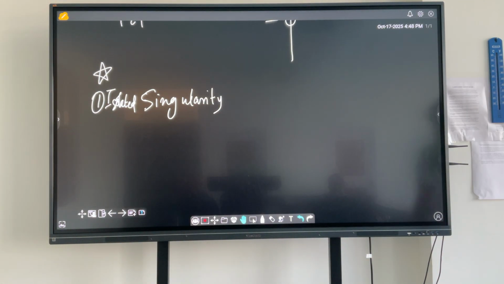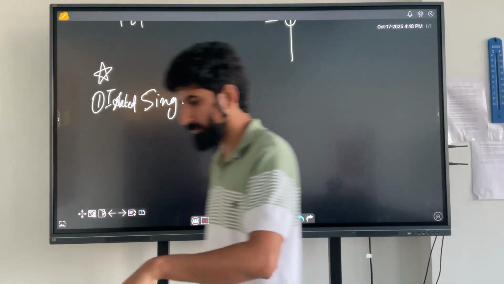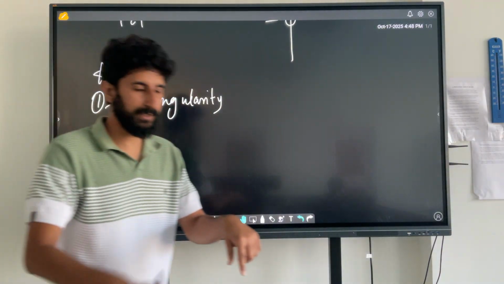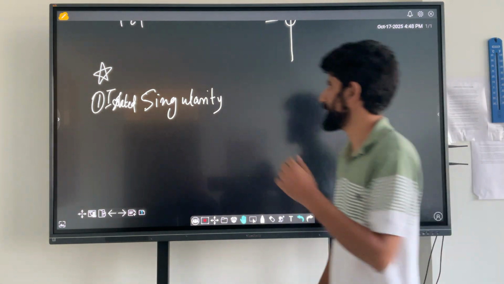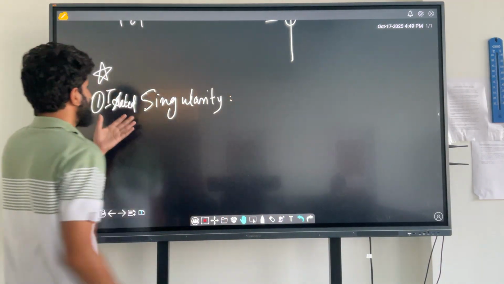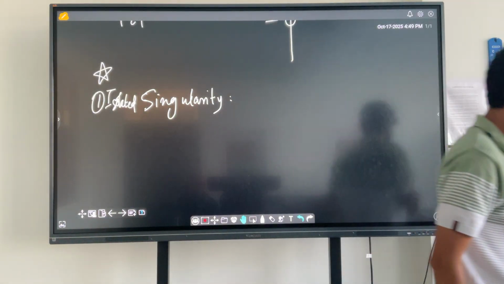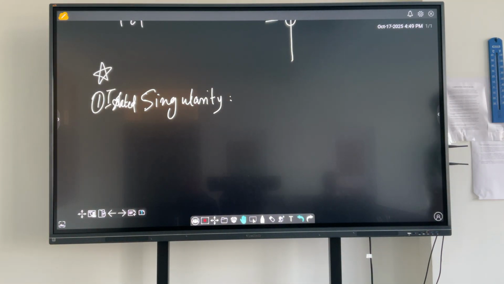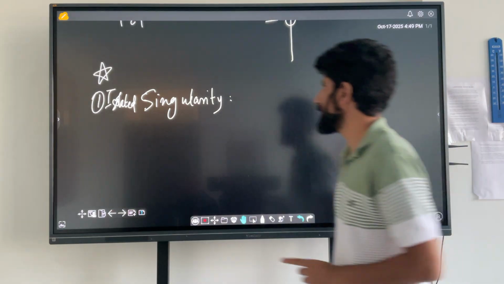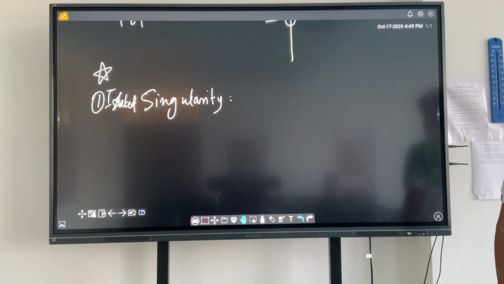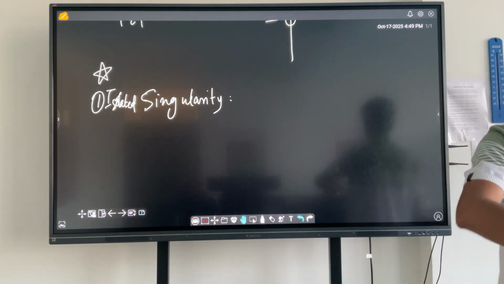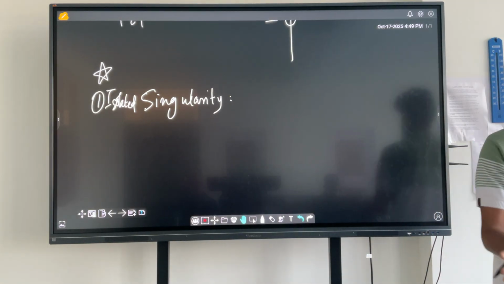This is a classification based on, if you have a point of non-analyticity, what's going on in its neighborhood. Isolated singularity happens when a function is not analytic at a point, but it's analytic in its surrounding, in its neighborhood.